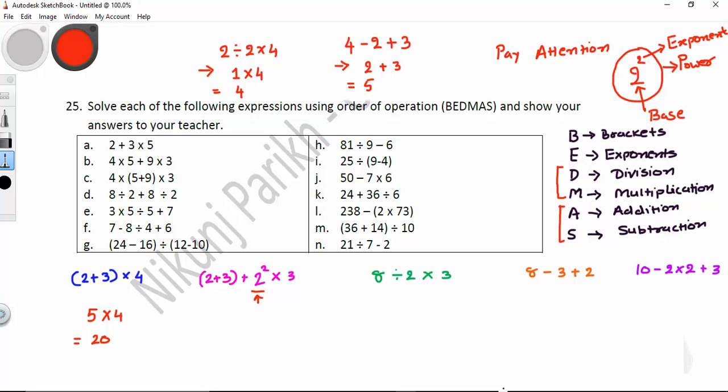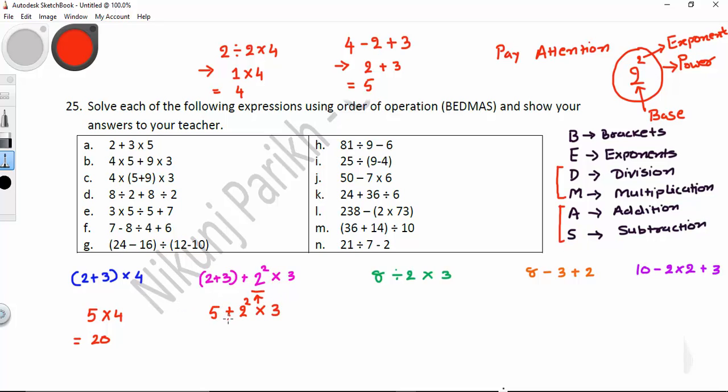So again, coming back to the same expression, we have a pair of brackets here and that has the first priority. So I will solve this first. 2 plus 3 is 5. So I will say 5 plus 2 squared. That is what it is called. 2 squared times 3.